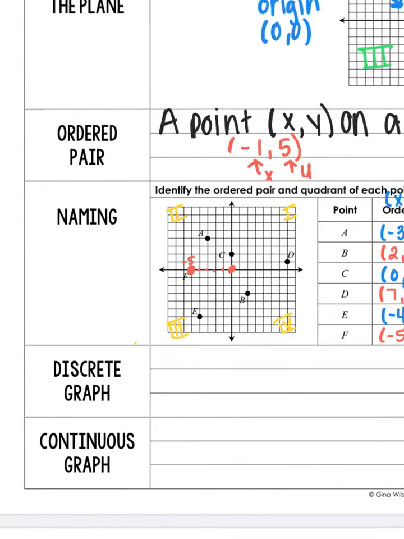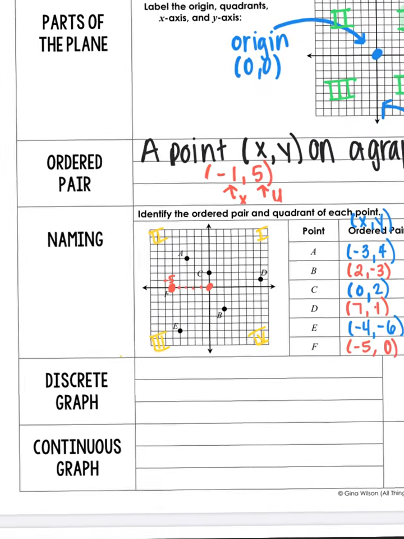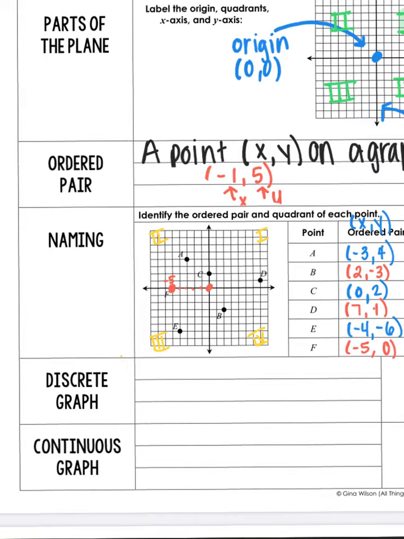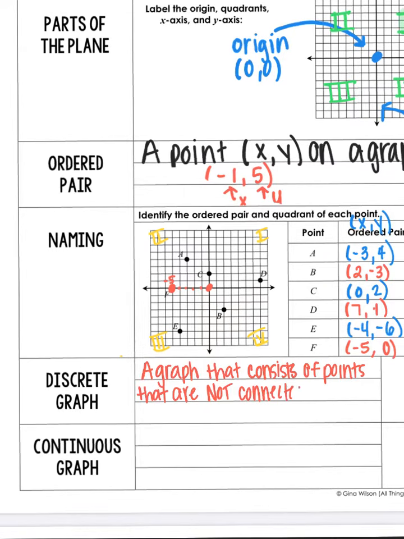All right, so there are going to be 2 types of graphs that we are going to be looking at. One is a discrete graph, and the other is a continuous graph. So a discrete graph is a graph that consists of points that are not connected.